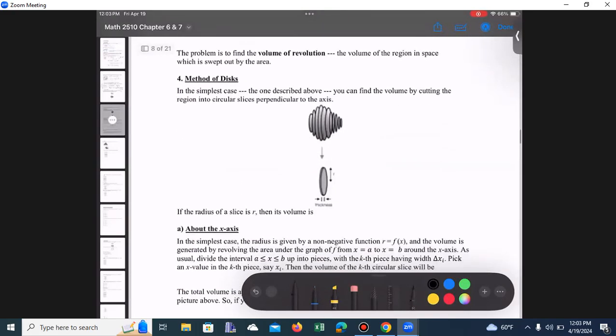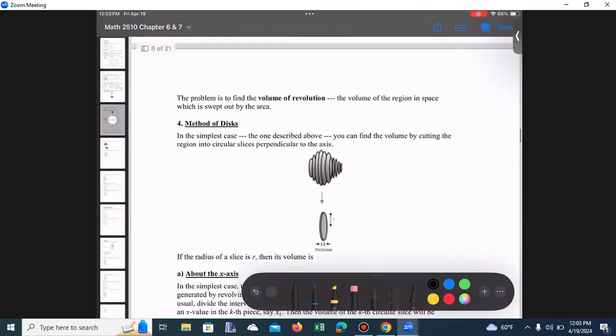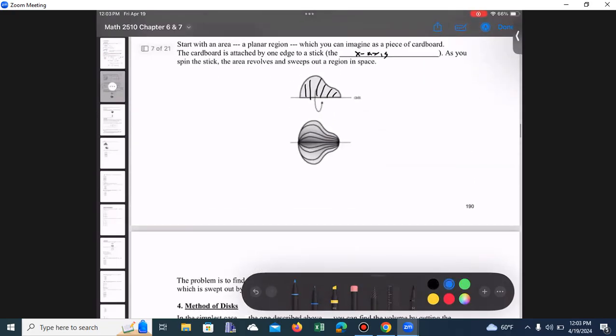So that's the idea. Now, we're going to take that shape and split it up into cross-section discs. And if you notice, your function goes from the x-axis to there. And that would be your radius of any one of these discs.